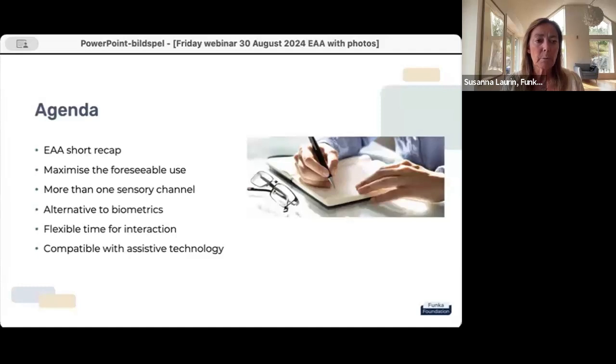So I'm going to talk about maximizing the foreseeable use, which is kind of the heart of this legislation, and then providing information with more than one sensory channel, alternatives to biometrics, allowing for flexible time for interaction, and also compatibility with client-based assistive technology, and then open up for questions in the end.